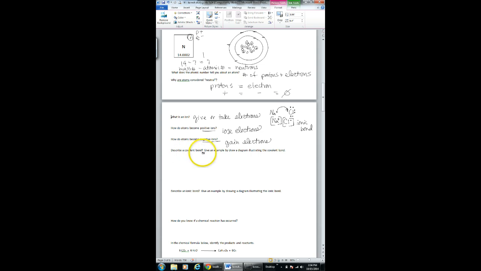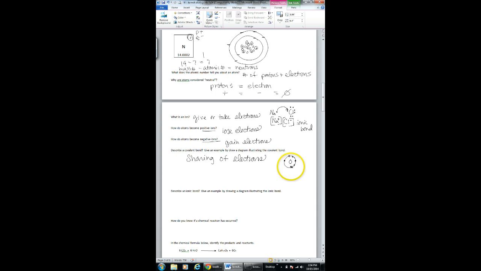Describe a covalent bond, give examples, and draw a diagram illustrating a covalent bond. So a covalent bond is sharing of electrons. And you could show that something was being shared, like in water, for instance. So if we had oxygen here, it has 6 valence electrons.